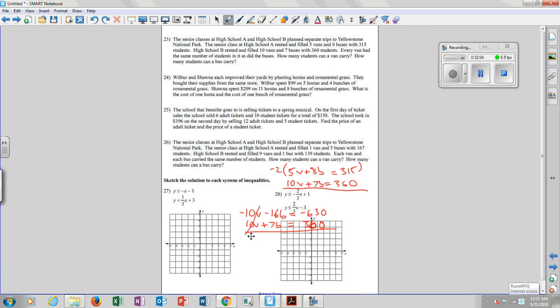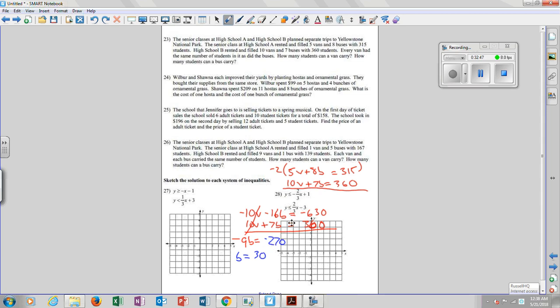Those cancel. Negative 16B plus 7B is negative 9B. Negative 630 plus 360 gives you negative 270. Divided by negative 9, B equals 30.